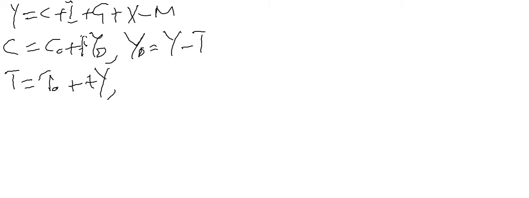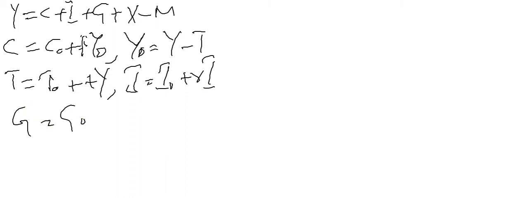Again, investment is equal to I naught plus gamma Y, and G is equal to G naught. We can take the taxes and investment also fixed or constant, but here we are taking them variable.